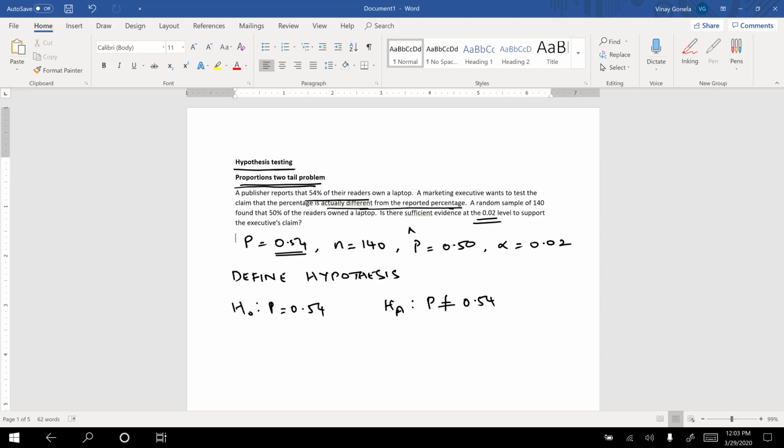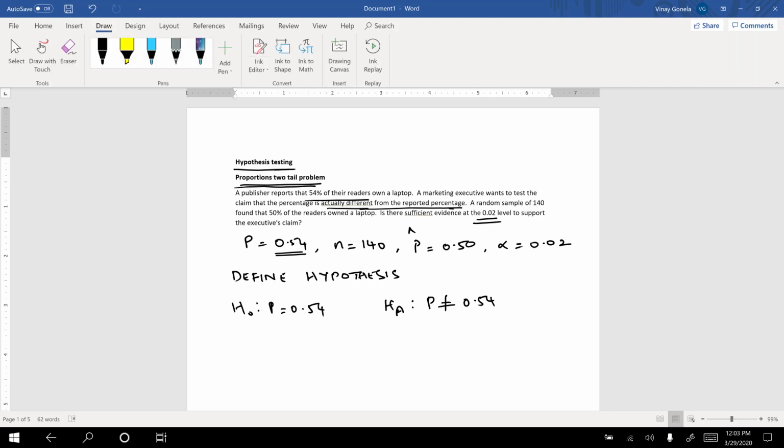To support that claim, they took a sample, and this is what our sample data tells: we took a sample of 140 and we have a p hat of 0.50, which is the sample proportion, and the significance level is 0.02.